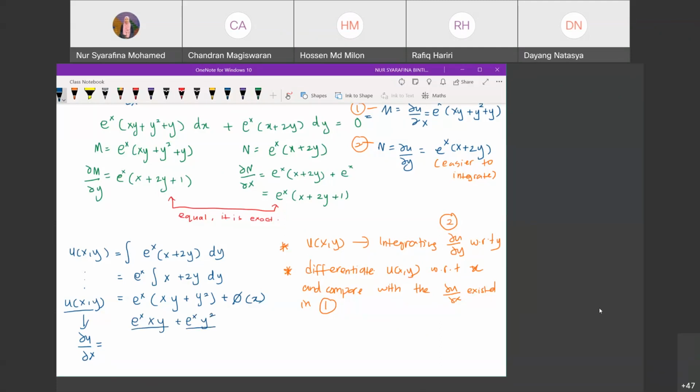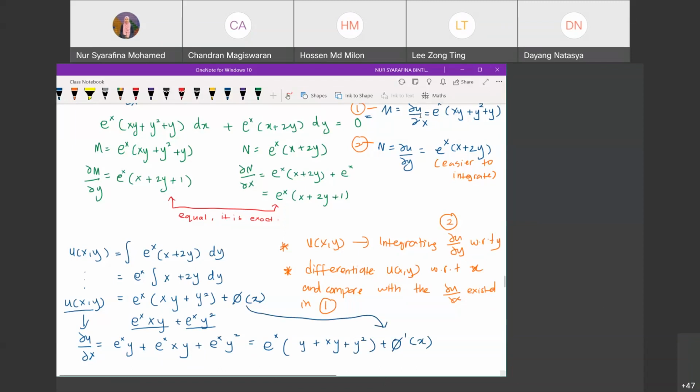This one becomes e^x times (xy plus y squared) plus e^x times y plus e^x times 2... so we can factorize, putting e^x outside, then we have y plus xy plus y squared, right? Then this one becomes psi prime x.